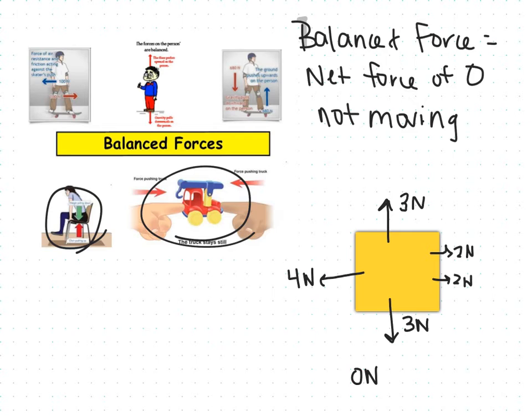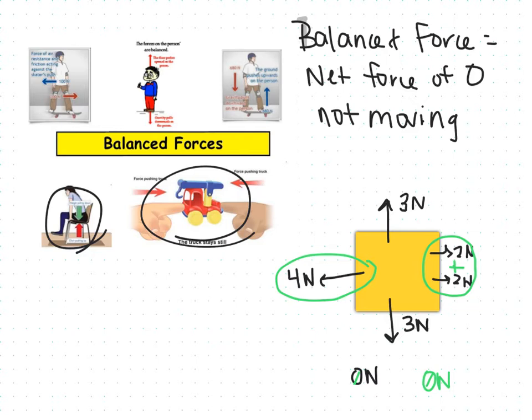So if I were to take these together, 4 newtons, grab a colored pen, 4 newtons, and 2 and 2, 2 and 2 added together gives me 4. So 4 is equal to 4. That would mean, again, we have 0 newtons of force. And those are, again, zeros, not ohs. So balanced forces, net force of 0.